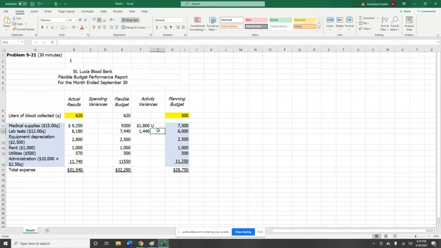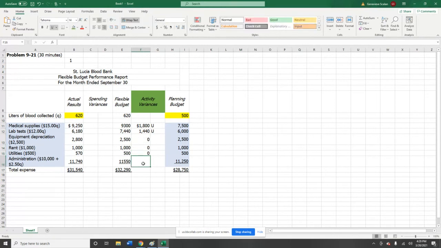And yes, when a cost is higher than what you predict, it is unfavorable. But again, this is an activity variance, so it doesn't mean that much. It just means this is what it would be based on the activities. And there's 0 here, and 1,000, there's 0 there, and utilities is the same, so nothing there.